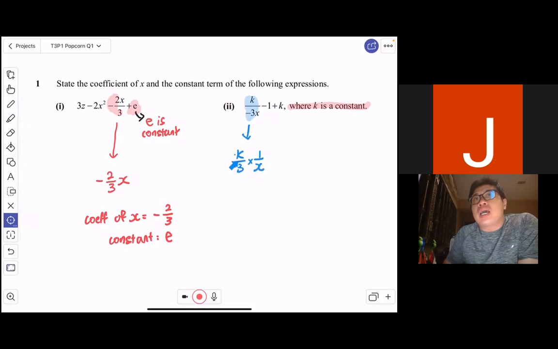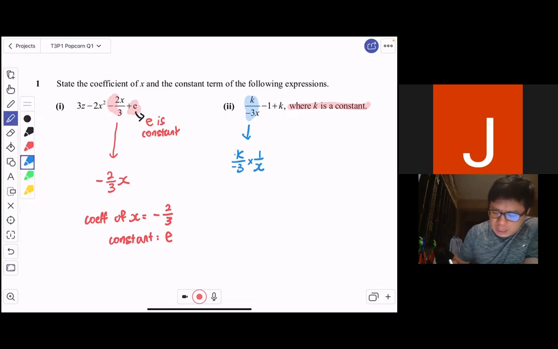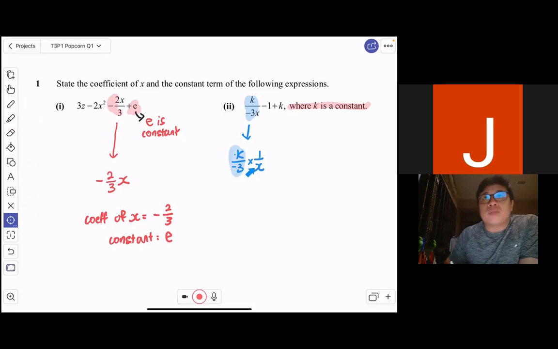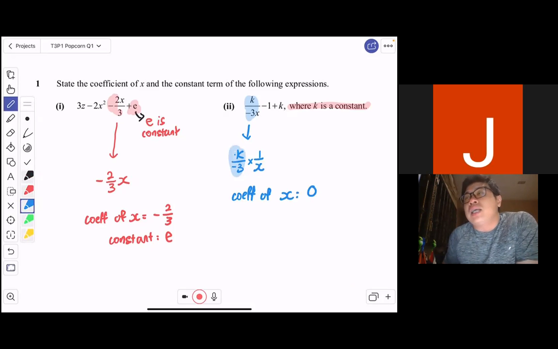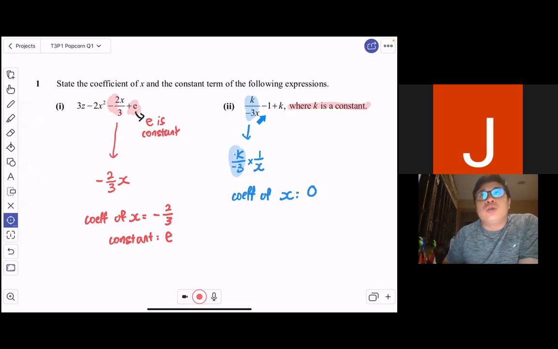So this negative k over 3 is actually not the coefficient of x, even though, strictly speaking, it's not multiplied to x, it's multiplied to 1 over x. So this negative k over 3 is actually the coefficient of 1 over x, not x. So the coefficient of x in part 2 is actually 0, because there's none. There's no coefficient of x there. So that's why this is actually 0, or it's actually not present.